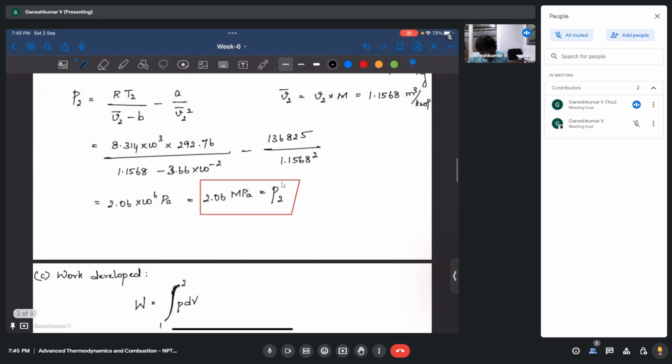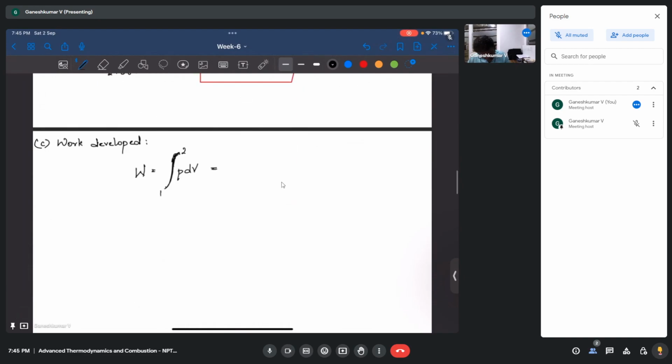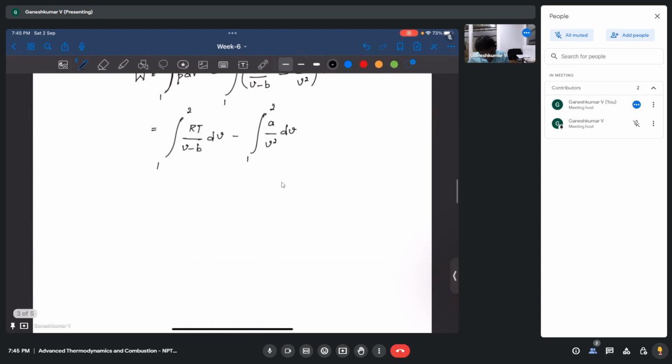Let's substitute P. It is nothing but RT by V minus B minus A by V square. Just rearrange. It's going to be RT integral 1 to 2 dV by V minus B, minus A integral 1 to 2 dV by V square. It's just simple integration.